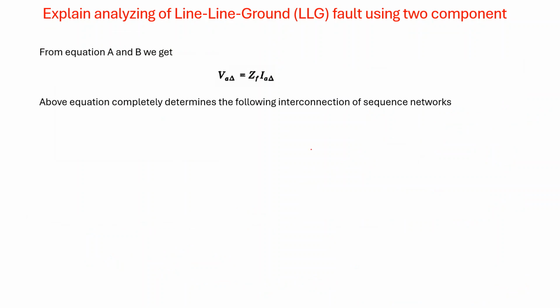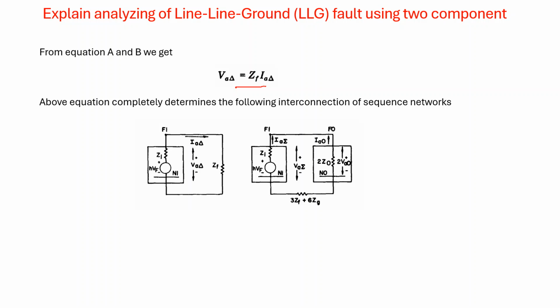So this is already what I told, what this equation says: this is the interconnection of the sequence networks. So we can see that this is the positive difference network. So what is the equation of this network? It is here.